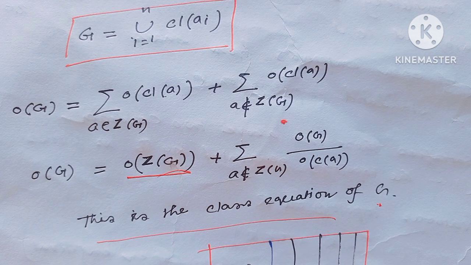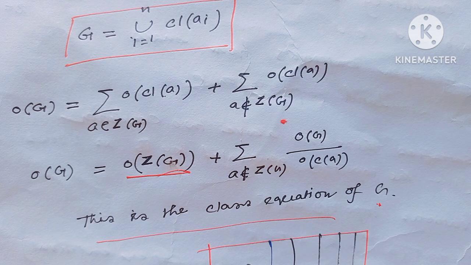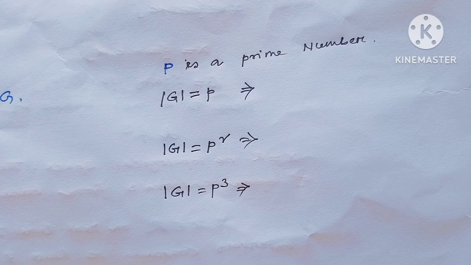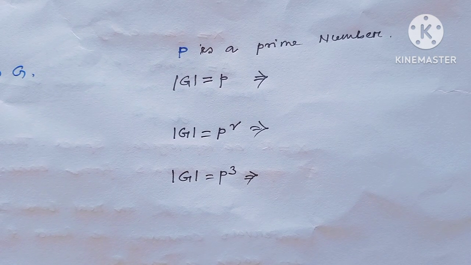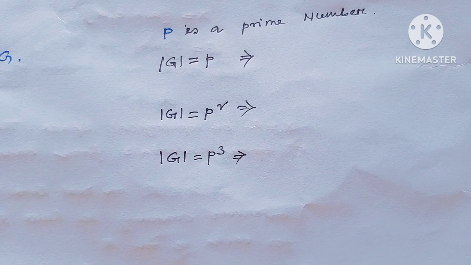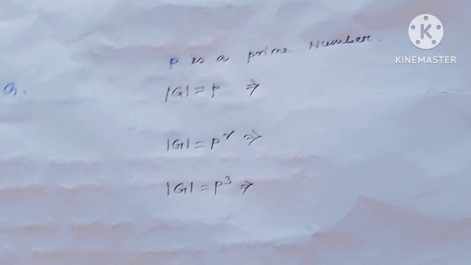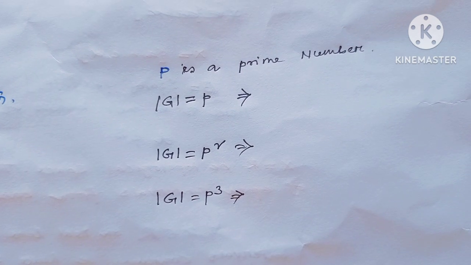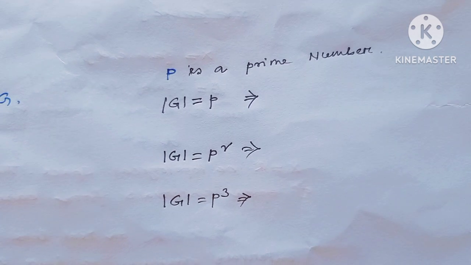Now let's see some examples, then you will understand in a better way. As for example, first, when P is a prime number, if the order of G equals P, since P is a prime number, the order of G equal to P means G is a cyclic group, and cyclic implies G is an abelian group.